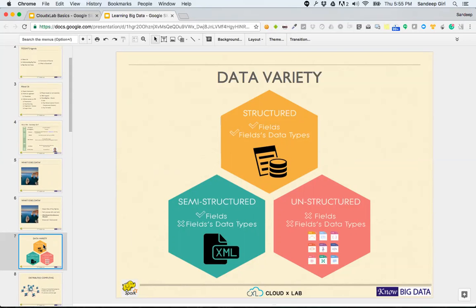That's structured data. On the other end, you have unstructured data. In unstructured data, you don't know the format of your data. It's not readily available where a column starts and where it ends and another column starts. So you do not know the fields or the columns in your data.